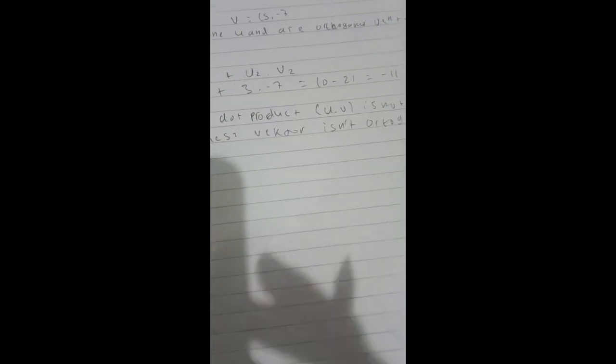Next is question number 11 from section 3.3. In this question, we know n1 is 3x minus y plus z minus 4 equal to 0.